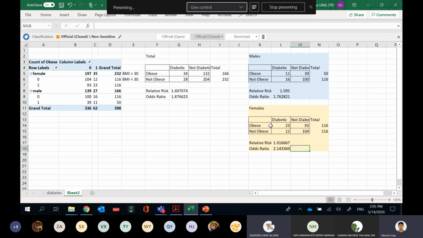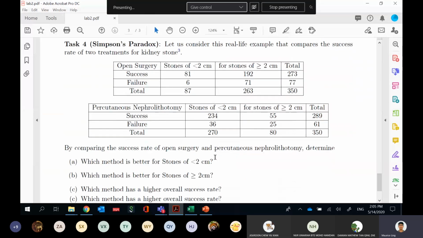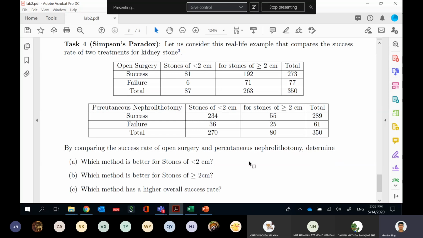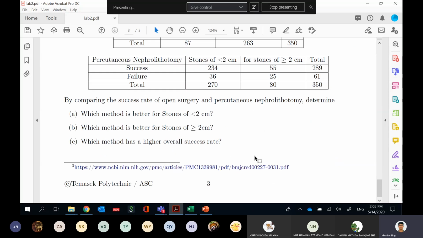Yeah. All right. Okay. So the last part that we want is this thing called Simpson's Paradox. Simpson's Paradox is a real-life example whereby if you look at this data alone, it's actually from a paper. You can read the paper yourself.